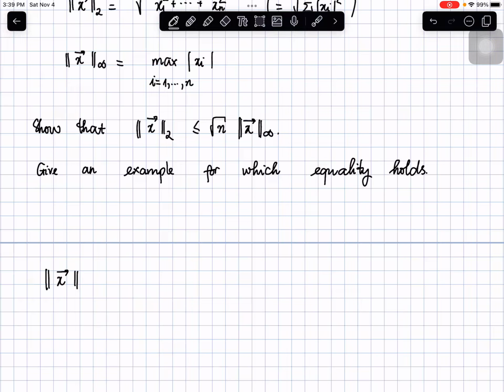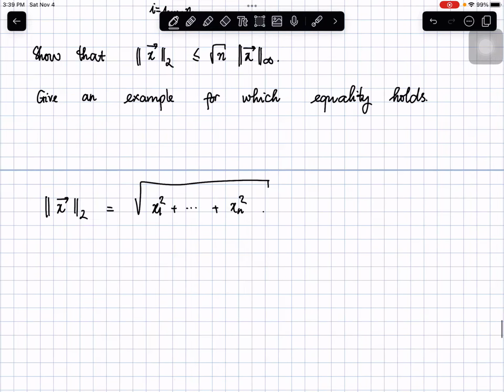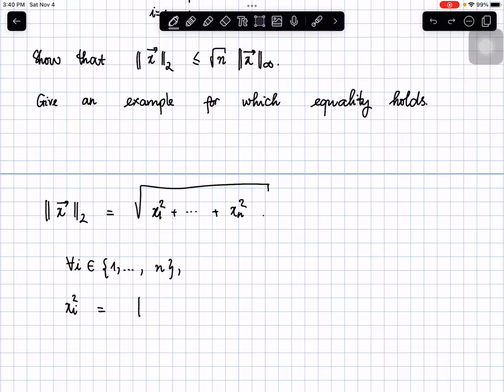Norm 2 of x by definition is the square root of x1 squared up to xn squared. Okay. Now look at xi squared for any i from 1 to n. We have xi squared is the absolute value of xi, squared.